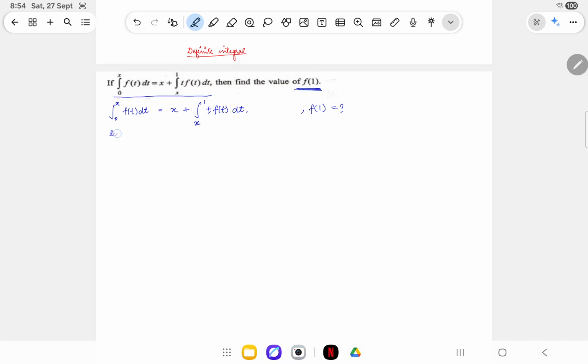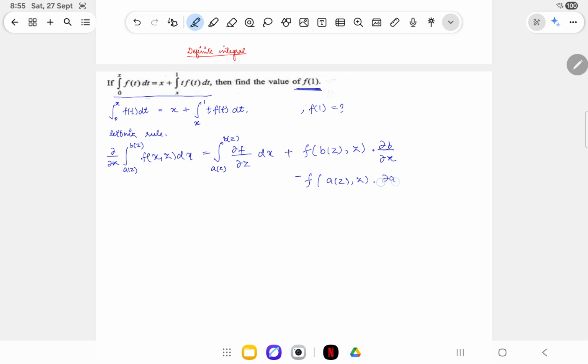The Leibniz rule states that if f is a function in, let's say, x and z variables, then the partial derivative del by del z of the integration from a(z) to b(z) of f(x, z) dx is equal to the integration from a(z) to b(z) of del f by del z dx plus f(b(z), z) into del b by del z minus f(a(z), z) into del a by del z.